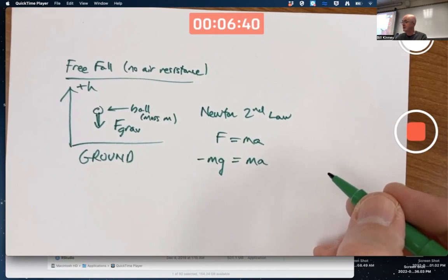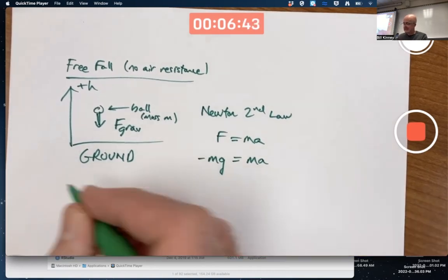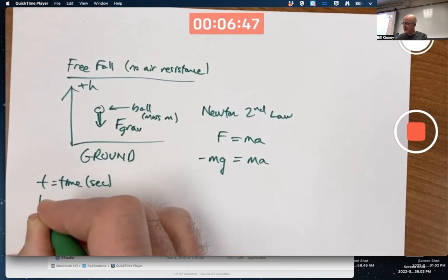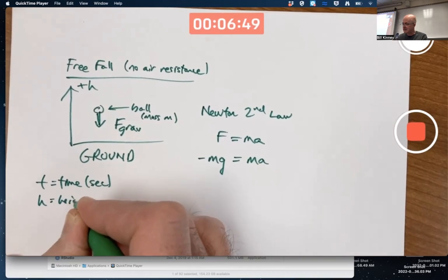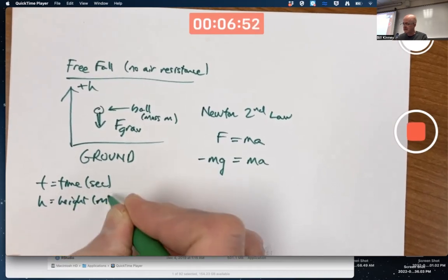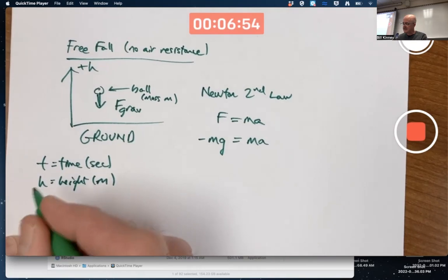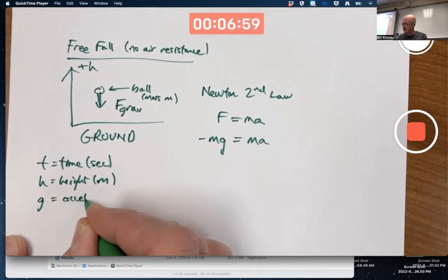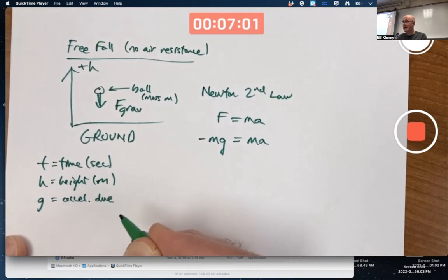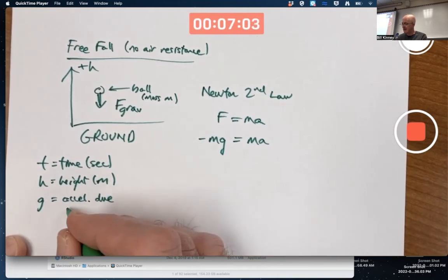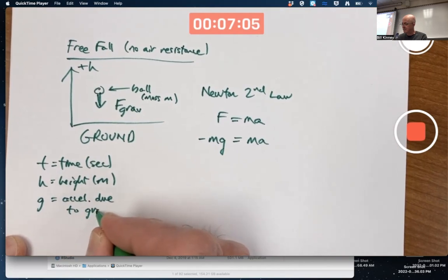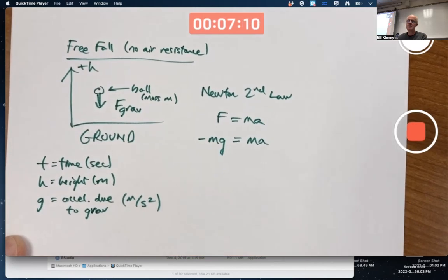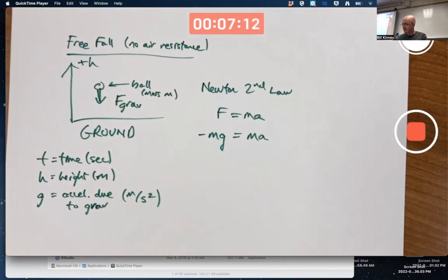Let's think about standard units for things. t is time in seconds. h is height in meters. g is the acceleration due to gravity near the surface of the Earth, about 9.8 meters per second squared. Let me just put the units, written meters per second squared as a shorthand.